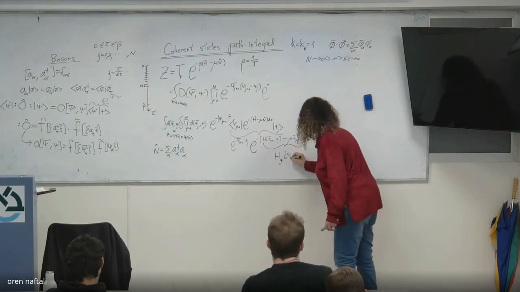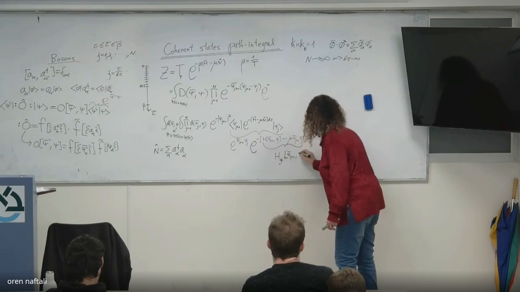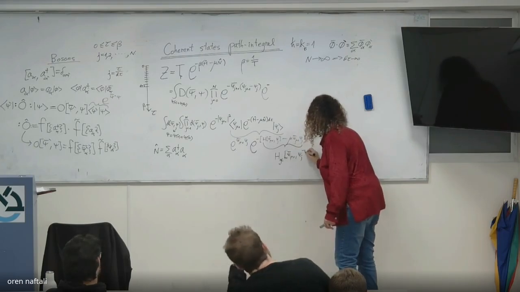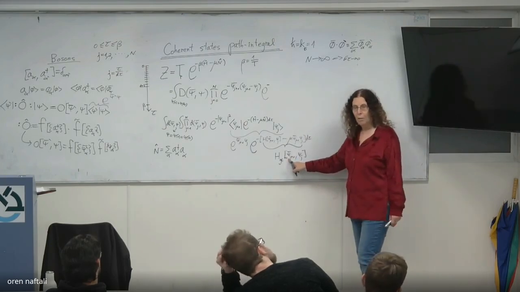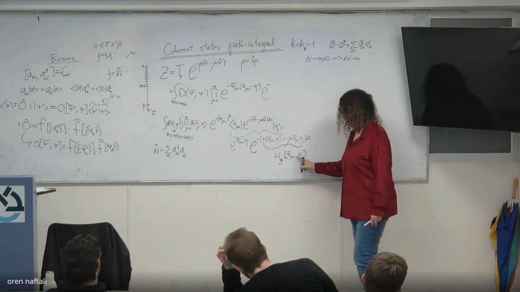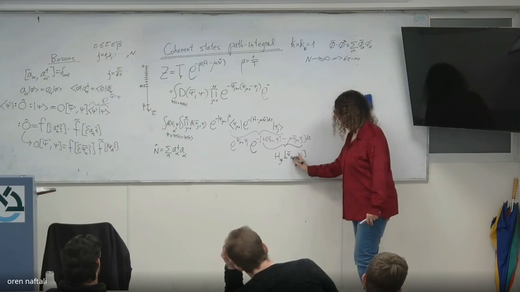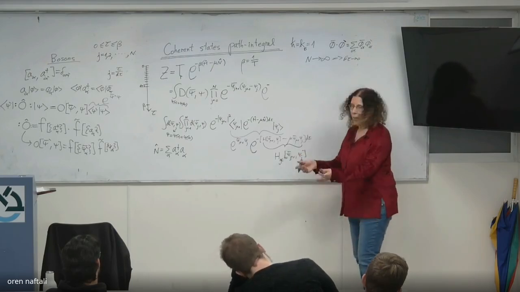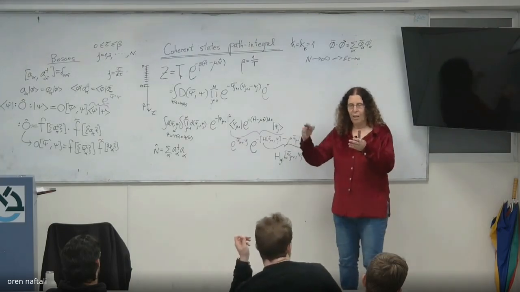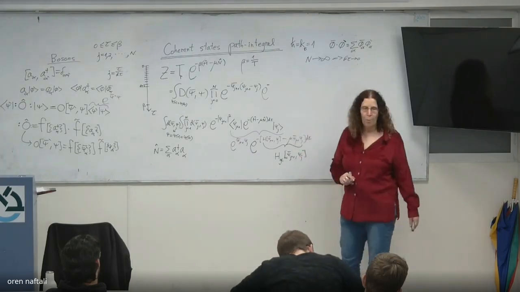But whatever it is, it's a functional of psi j's and psi j plus 1 bars, where each of these corresponds to taking the original a dagger expression and replacing them by the field.